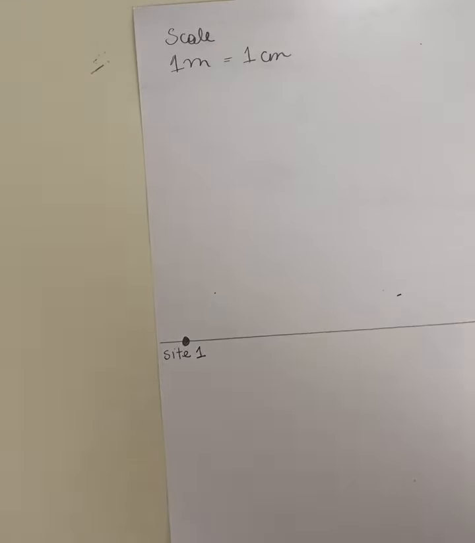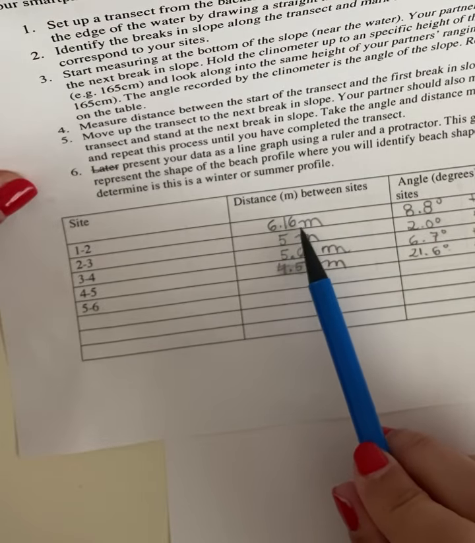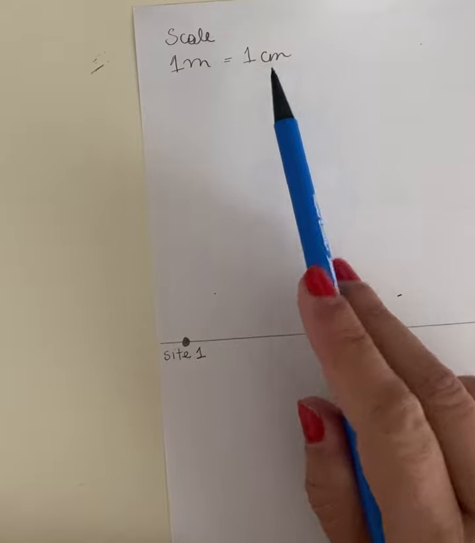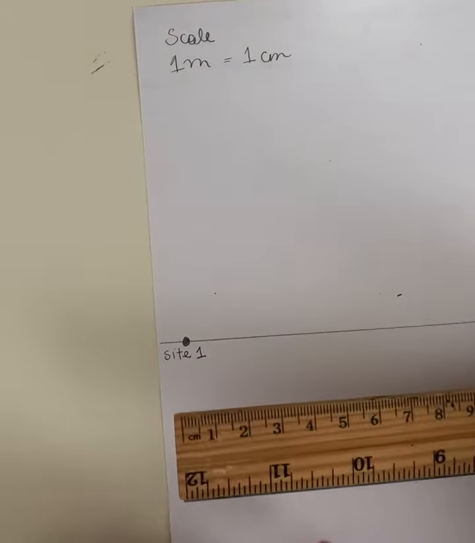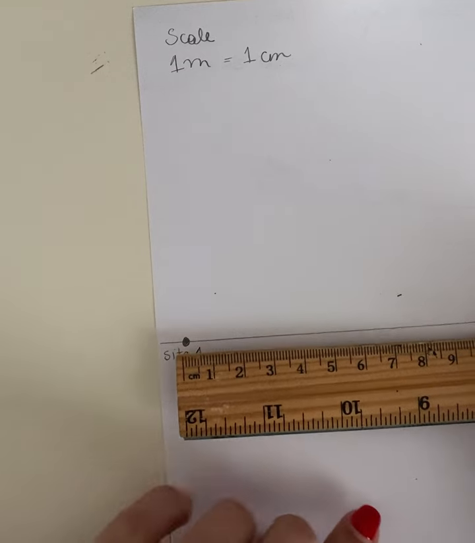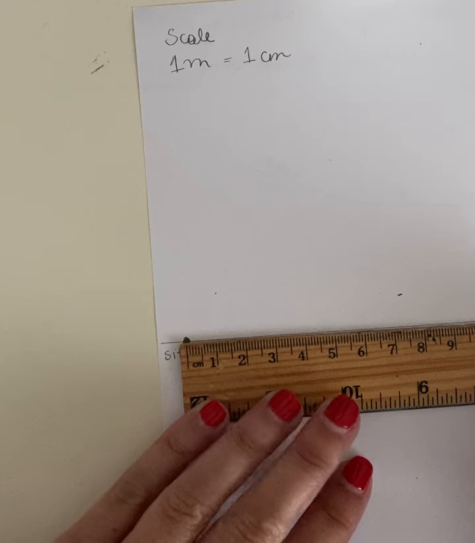So the distance between side 1 and side 2, I measured to be 6.16 meters. And if every meter is 1 centimeter, this is going to be 6.16 centimeters. So let's measure that with the ruler.